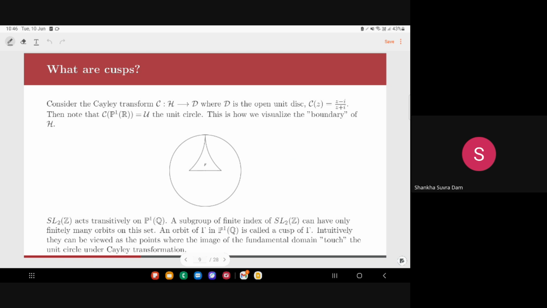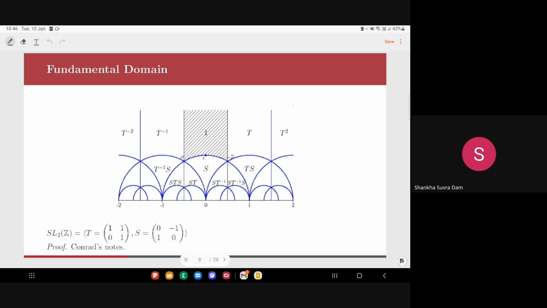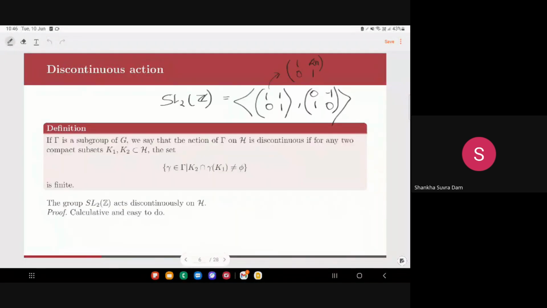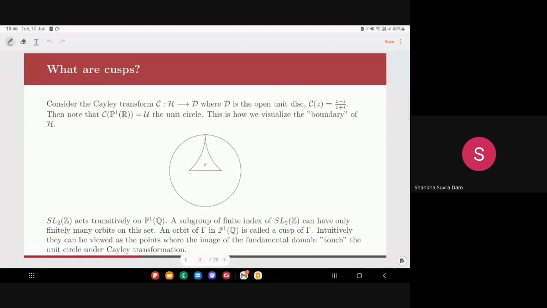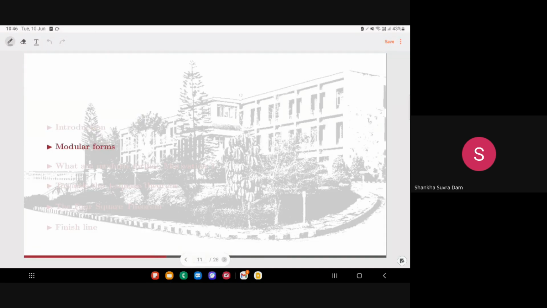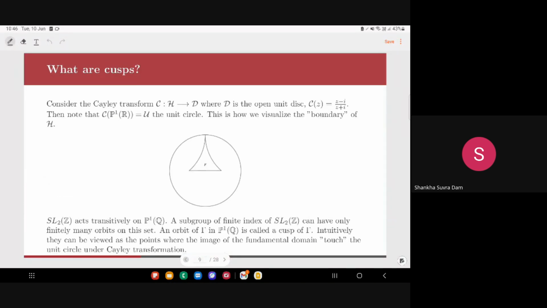So I want to define what cusps are now. We know what group actions are, right? Okay, fine, cusps. So consider a Cayley transformation from the upper half plane to the open unit disk given by this.